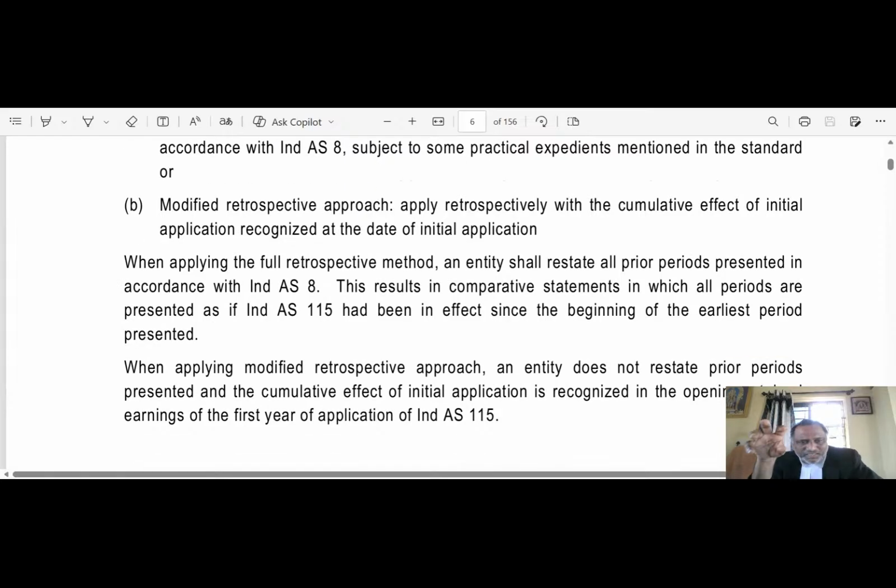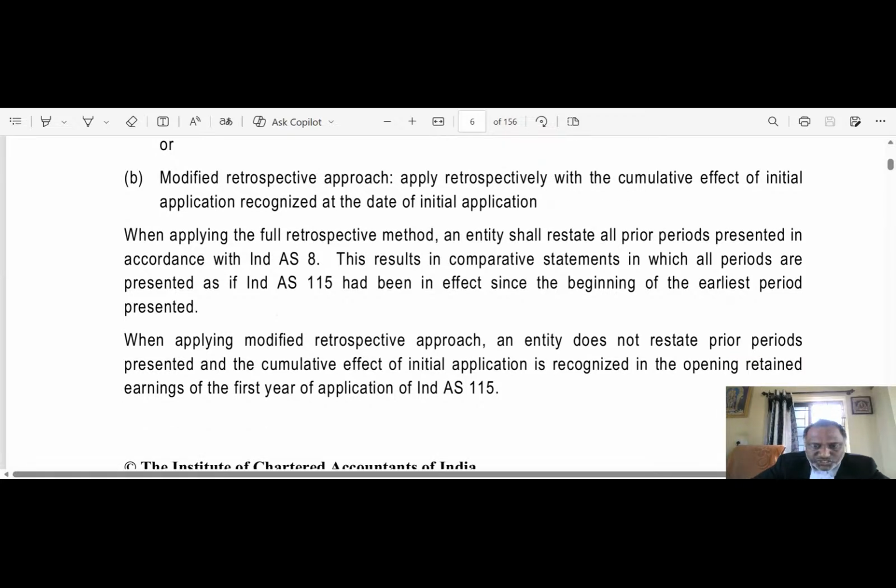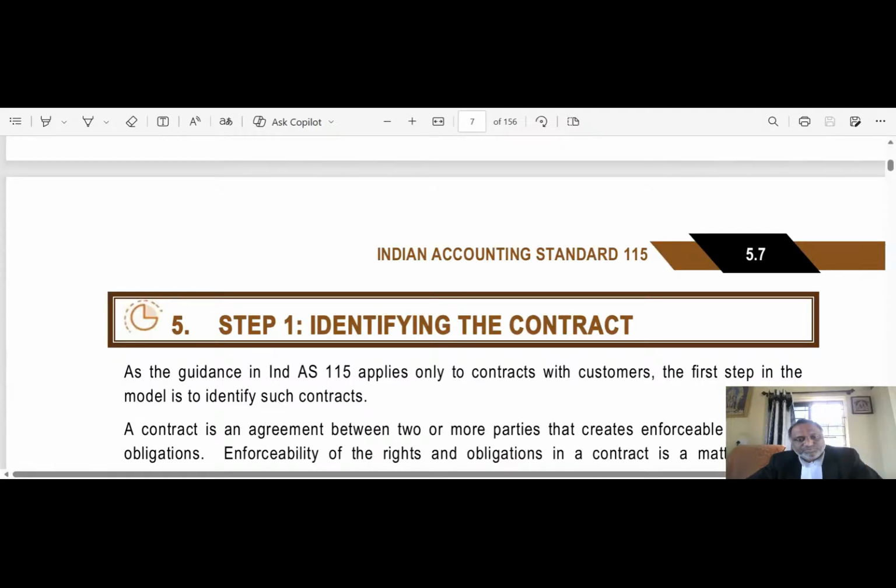When applying the modified retrospective approach, an entity does not restate prior periods presented, and the cumulative effect of initial application is recognized in the opening retained earnings of the first year of application of IND AS 115.